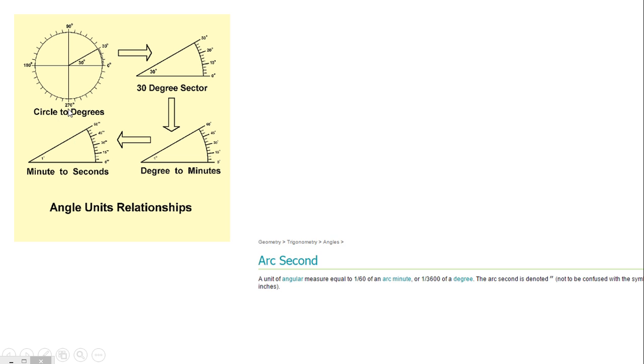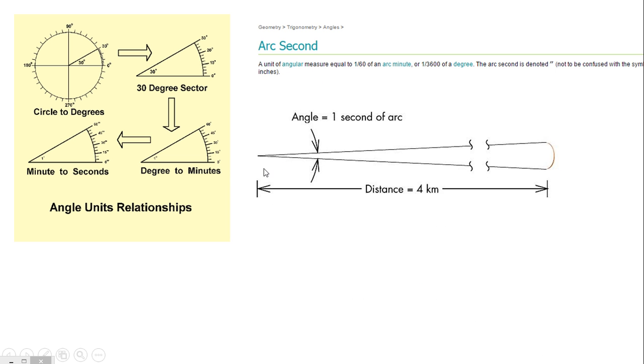So why can't we go further? And in fact, we will need to go further and subdivide. If we took each minute of arc and divided that into 60 equal parts, as we do here, we get seconds. We get seconds of arc. So a second is 1/60th of 1/60th of a degree.